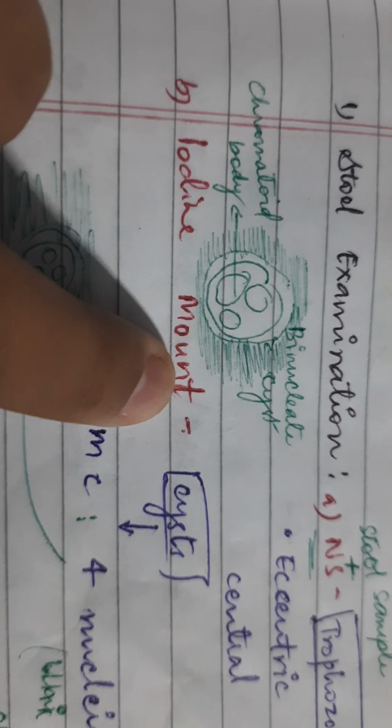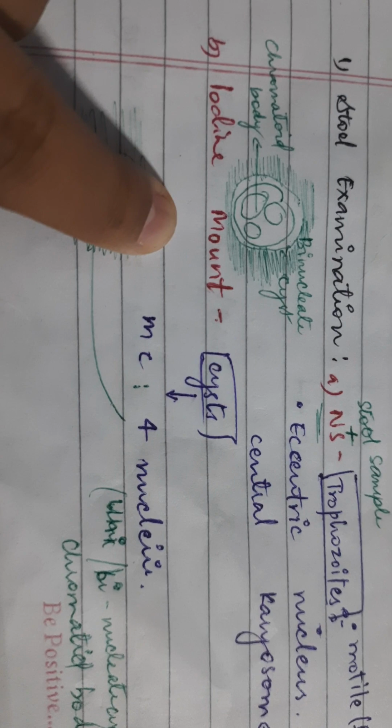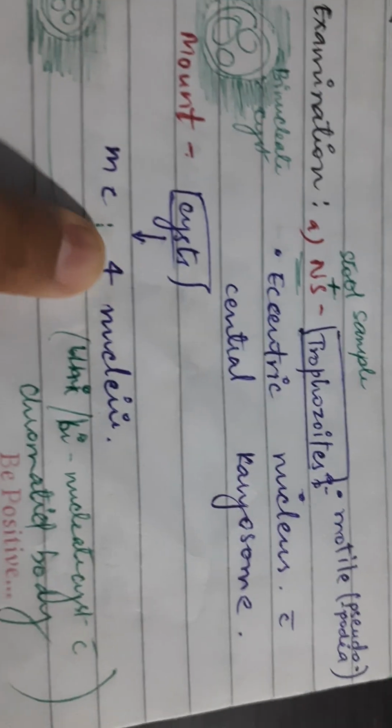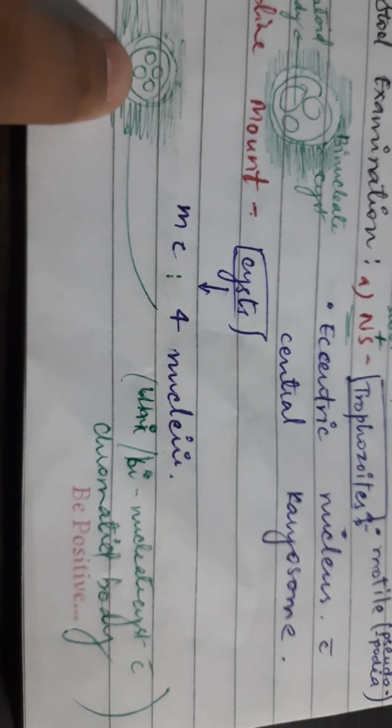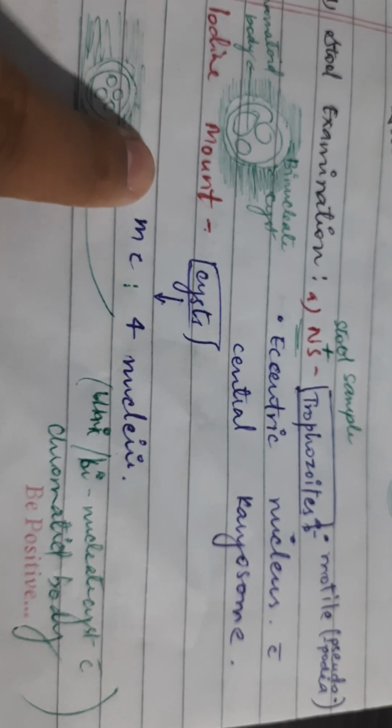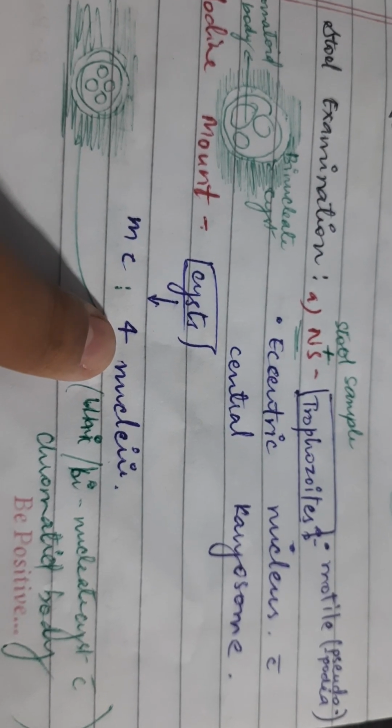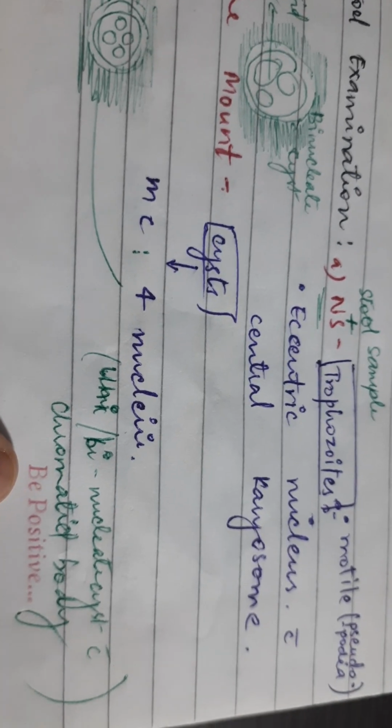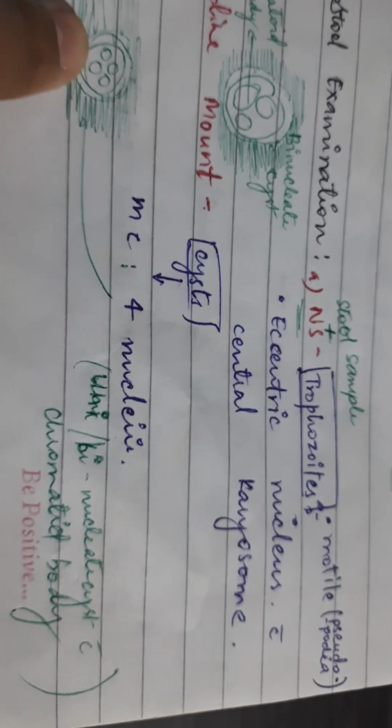Then stool sample plus iodine mount shows the cyst, most commonly with 4 nuclei, or uni- or binucleated with chromatid body.